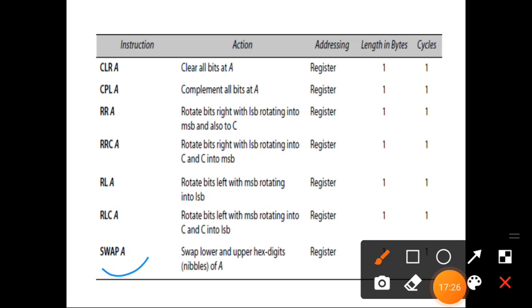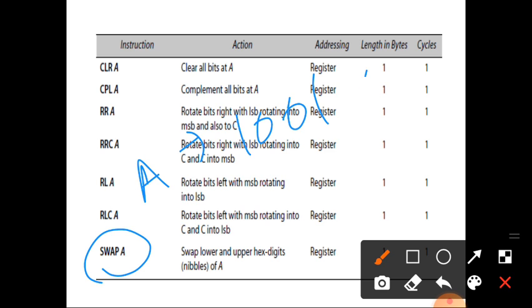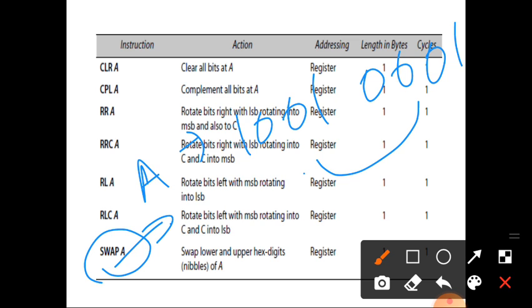Then the last one is SWAP A. SWAP A means swap the lower and upper nibbles of A. For example, the accumulator containing 1001 0001, after executing the swap instruction, will become 0001 1001.